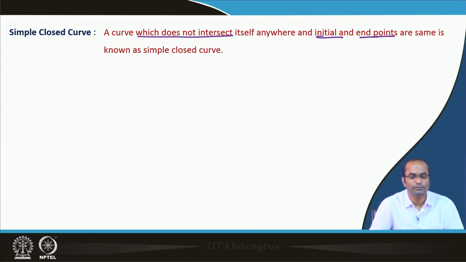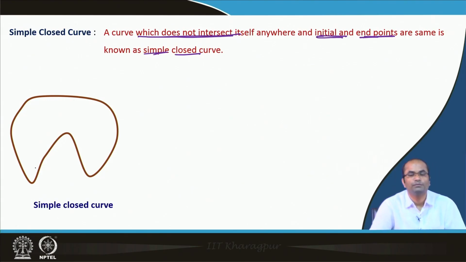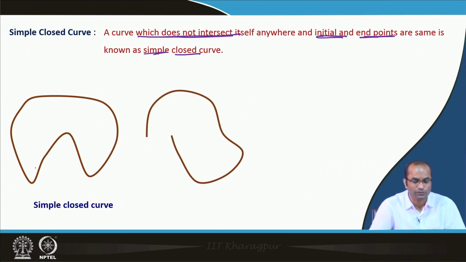The closedness comes from the initial and end points being the same, and the curve does not intersect itself, which is why we use the term simple. For instance, this curve does not intersect itself, and the initial point and the end point are the same, so the curve is closed. So, this is an example of a simple closed curve.